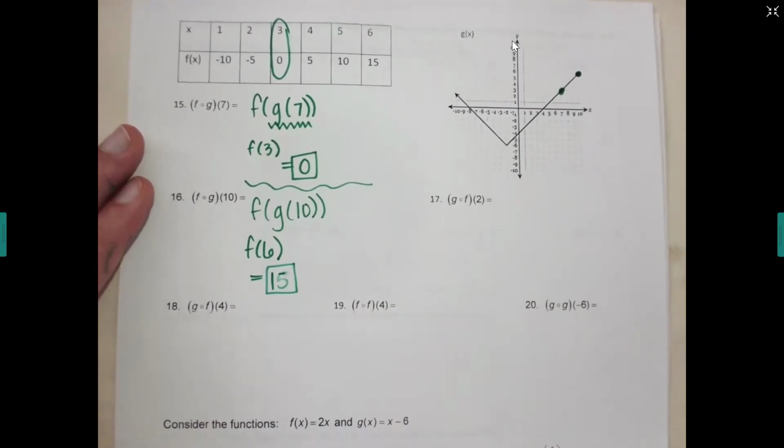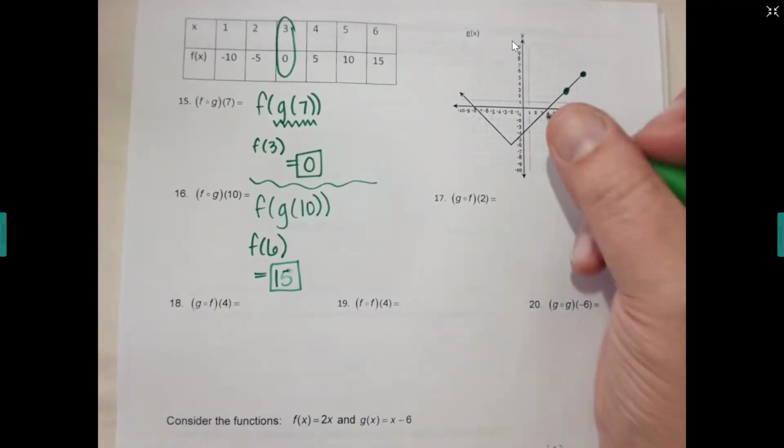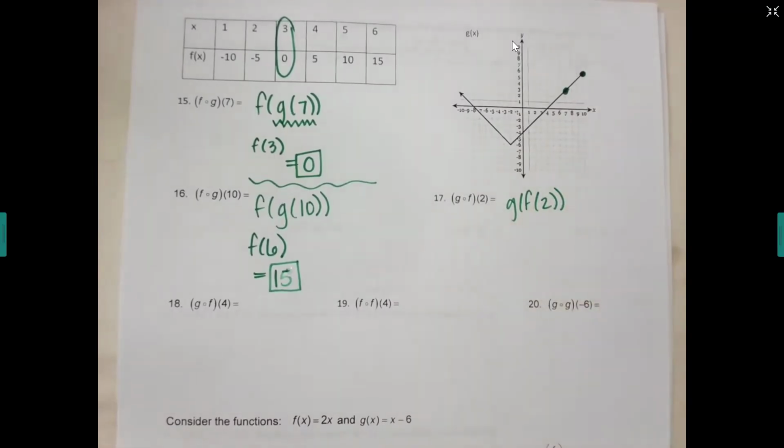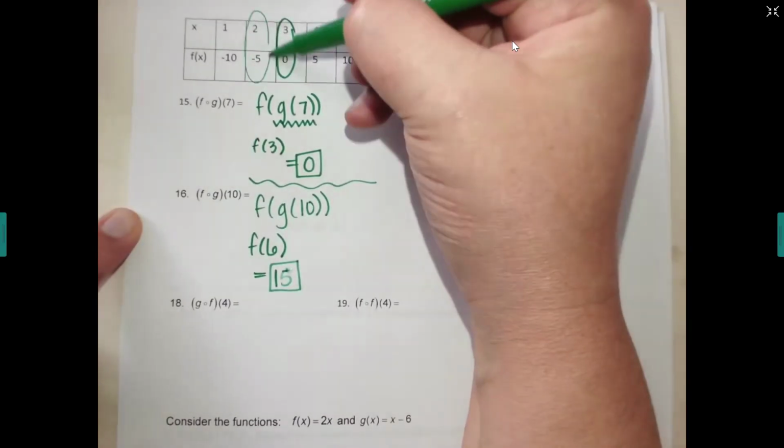Okay, one more left. Let's do 17, the last one in this section. So we have G of F of 2. That means for this one, I'm going to start with the chart and then end on the graph. So F of 2 first. I'm finding 2 in the x column. I'm reporting back the answer.